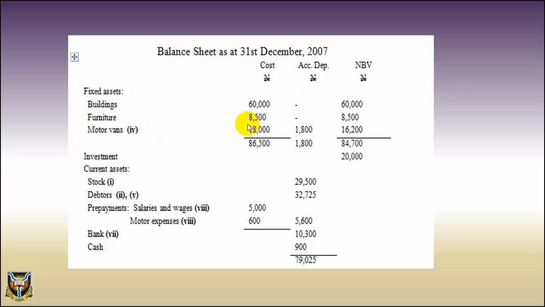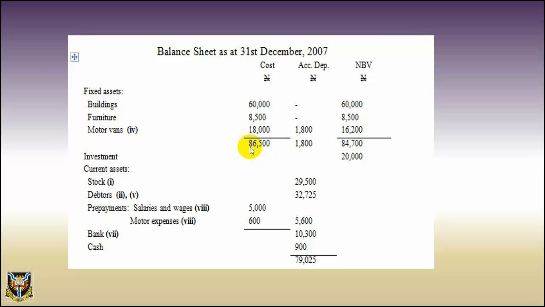Furniture, cost 8,500, NBV 8,500. Motor vans 4, cost 18,000, accumulated depreciation 1,800, NBV 16,200.